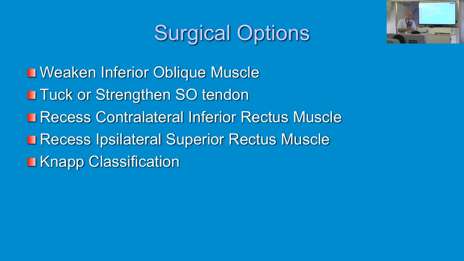But you can also, if it's worse in down gaze to the opposite side, raise the left eye, because the right eye doesn't go down as well. You can do that by recessing the inferior rectus on the opposite eye.